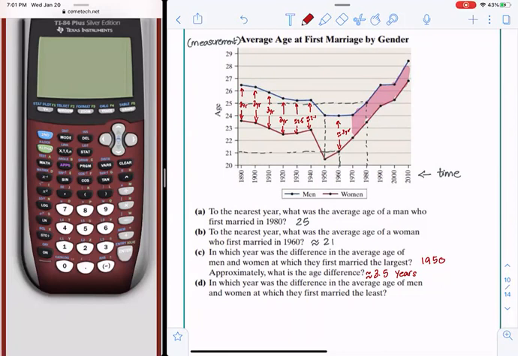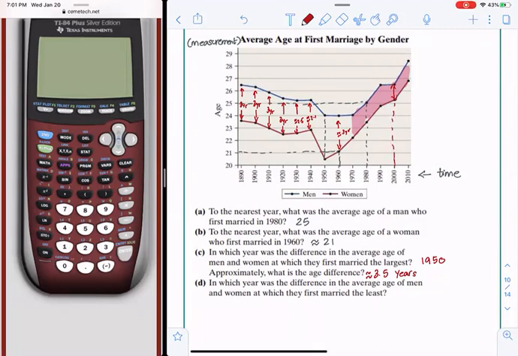So in which year was the difference in the average age of men and women at which they first married the least? So if you look at the curve, things are narrowing, and the narrowest part in the graph seems to me happens right here. And that would be the year 2000.